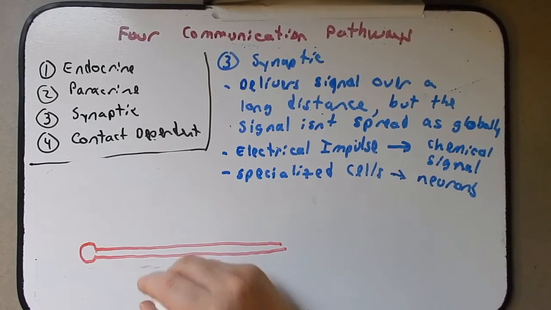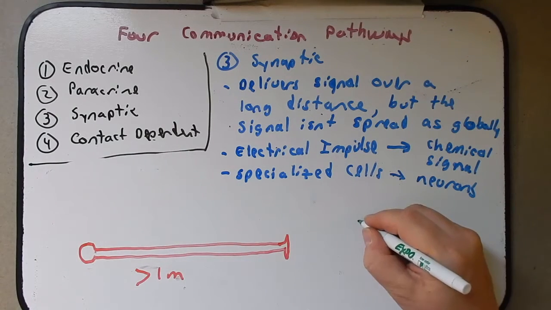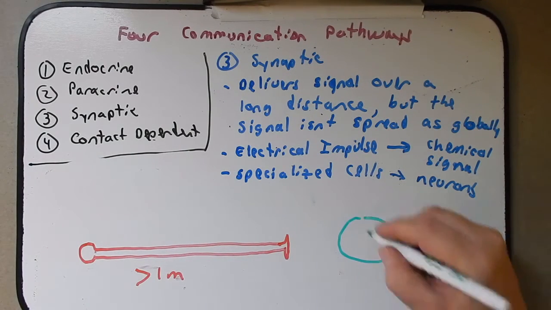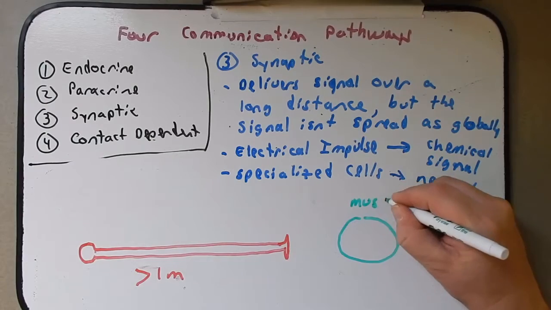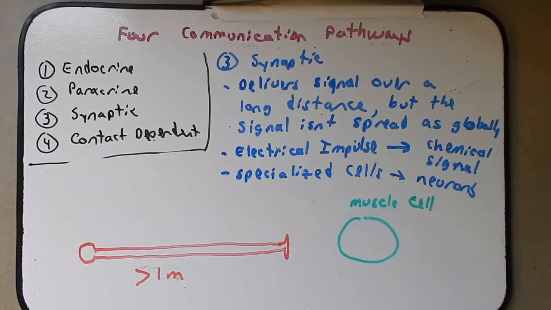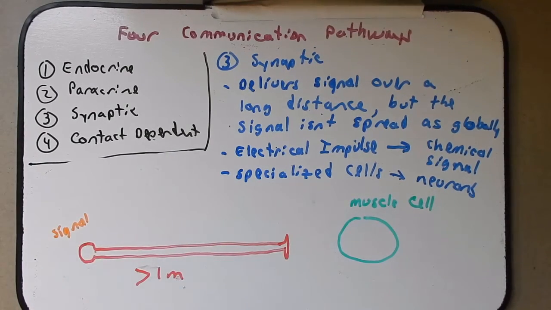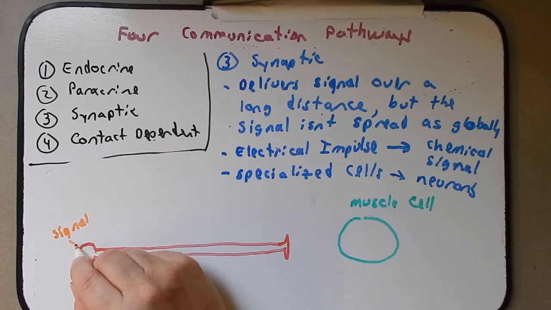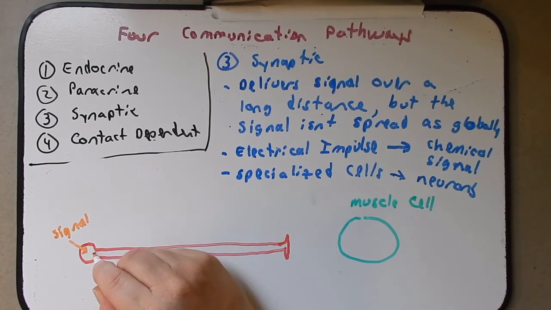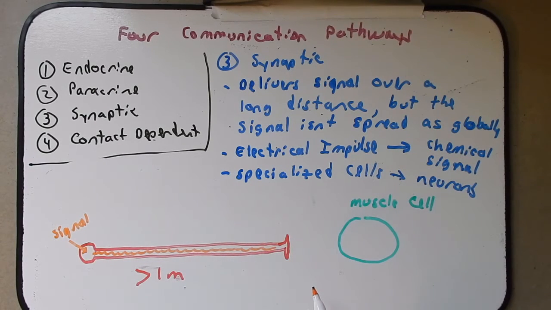So we'll have this neuron here that can travel greater than 1 meter to a target cell. And it could be a muscle cell, so we'll use that as our example. So what happens is we will have a signal. It could be a signal from a neighboring neuron, or it could be a signal from another cell. But it will signal the neuron that will generate this electrical impulse down the neuron. It will then release a chemical.